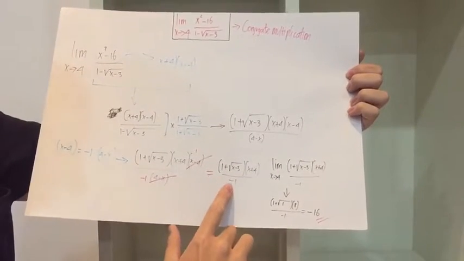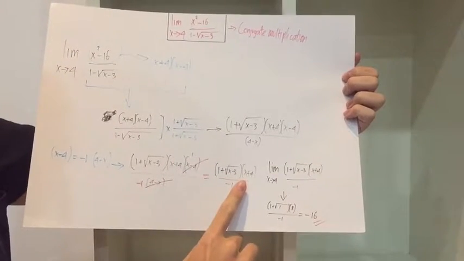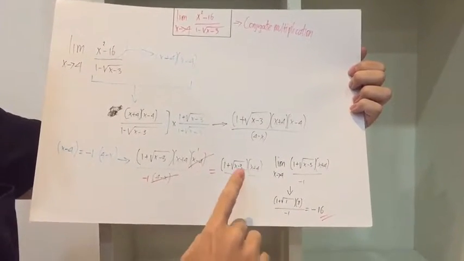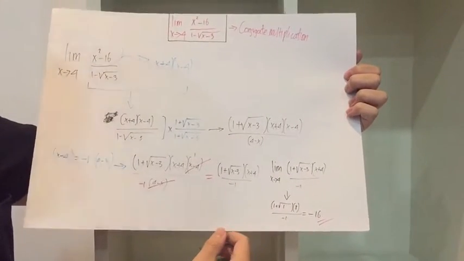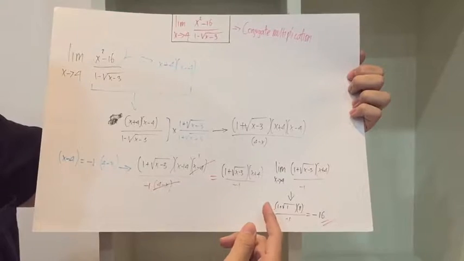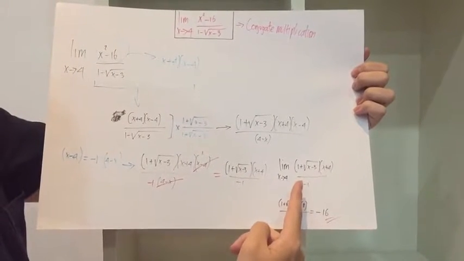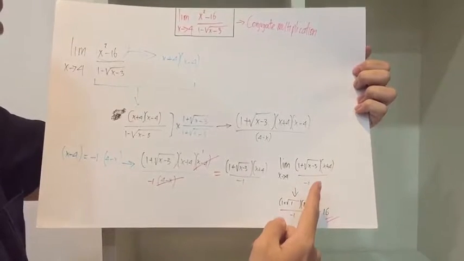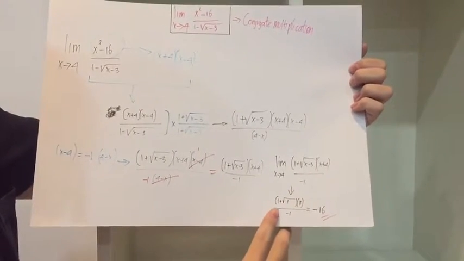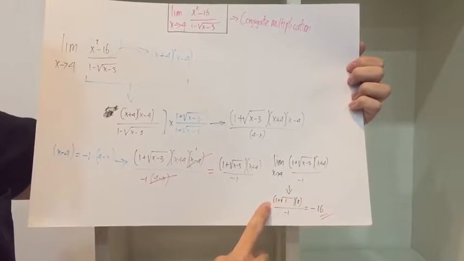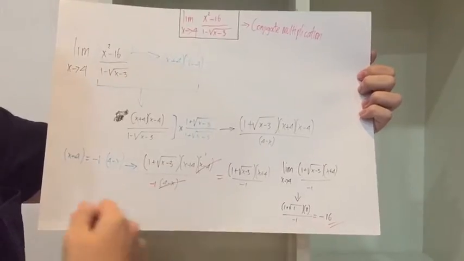Therefore I have 1 plus the square root of x minus 3 times x plus 4 over negative 1. So the limit of x approaching 4 of 1 plus the square root of x minus 3 times x plus 4 over minus 1 is 1 plus the square root of 1 times 8 over negative 1, which is negative 16.